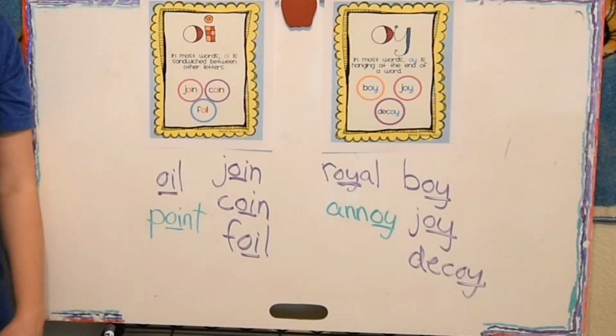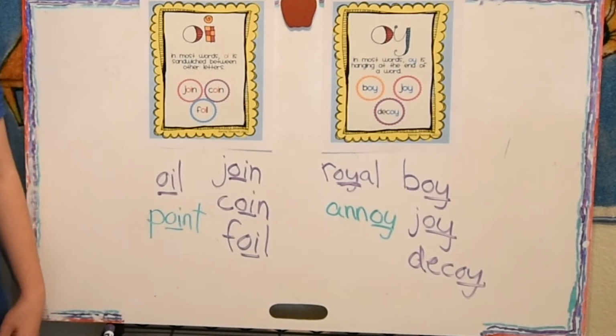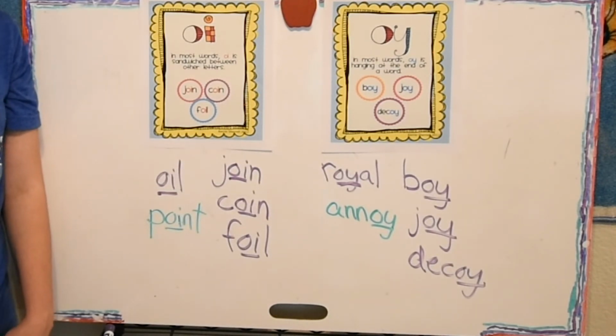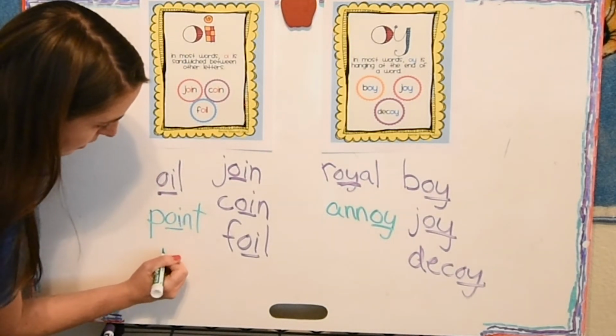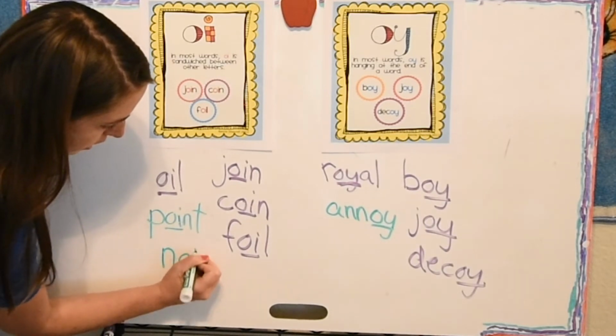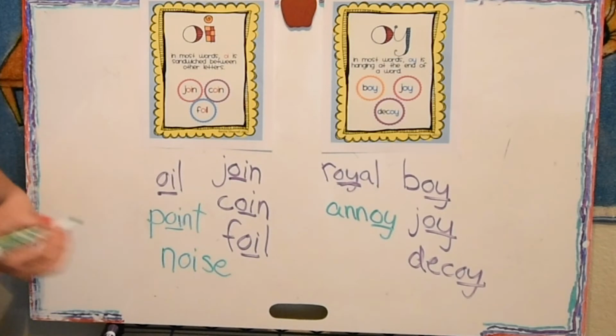Noise, let's tap it. N-oi-z, noise. Now where is that oi sound? It's in the middle, so we're gonna write O-I. So it's N-O-I-S-E. Okay, that is how you write noise.